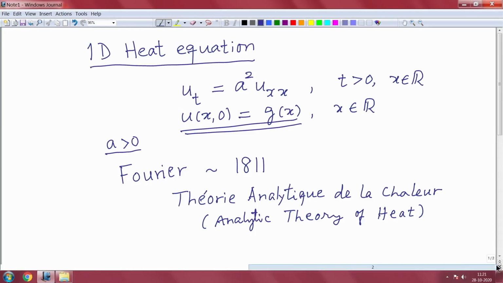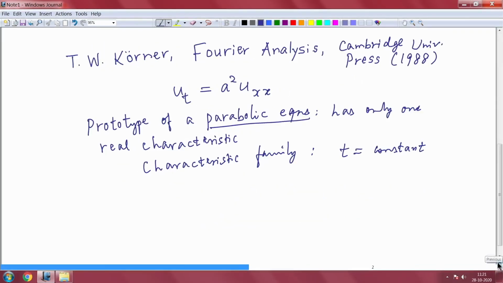But as far as mathematics is concerned, what we are dealing with here is a characteristic initial value problem.